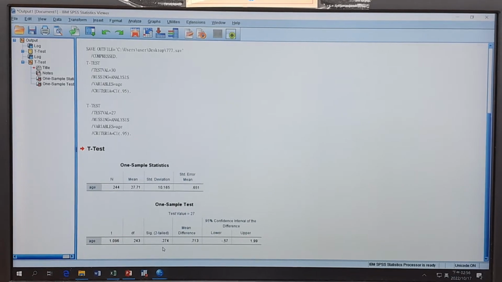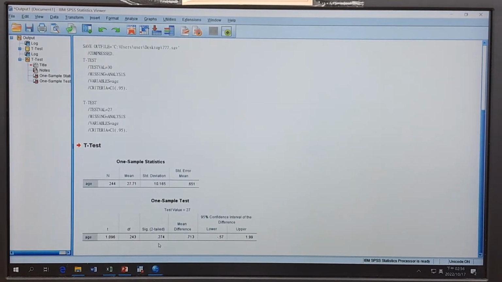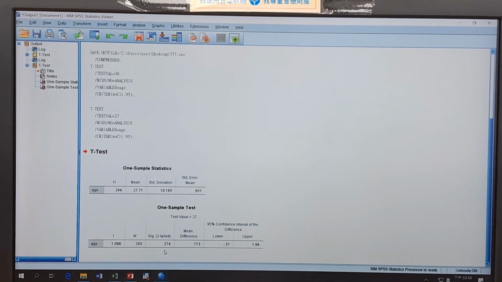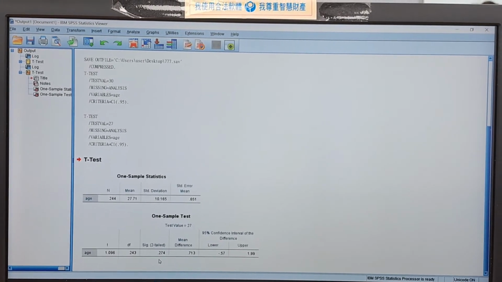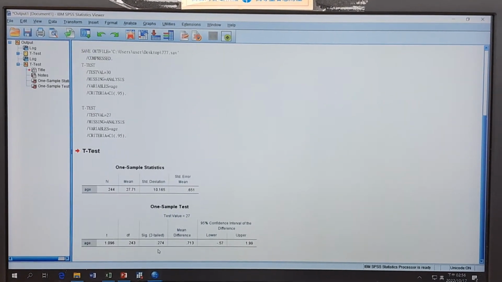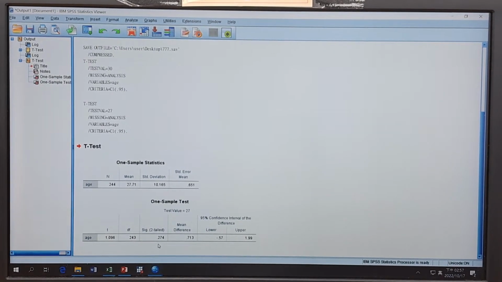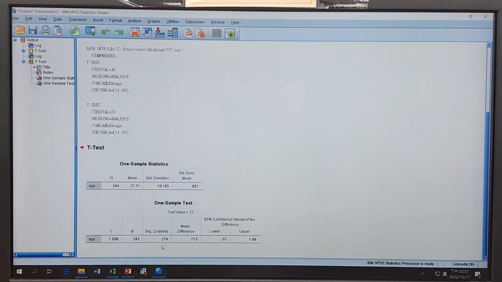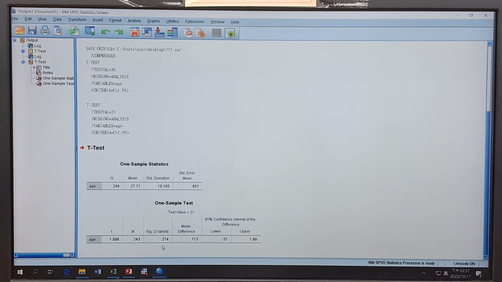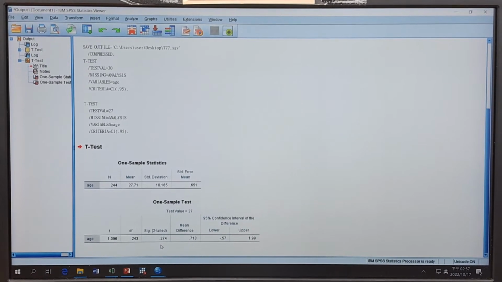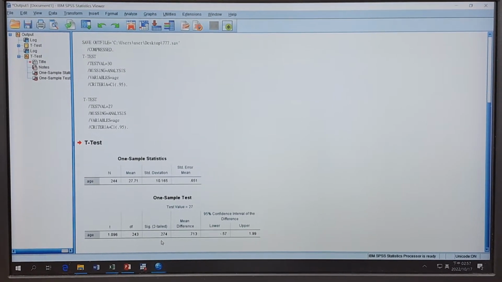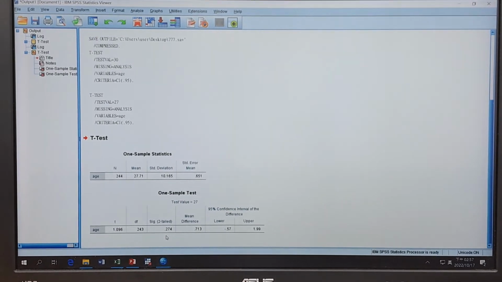Why? Because the p-value is 0.274. This number is greater than 0.05. So, according to the standard, if the p-value is greater than 0.05, then we say not significant.